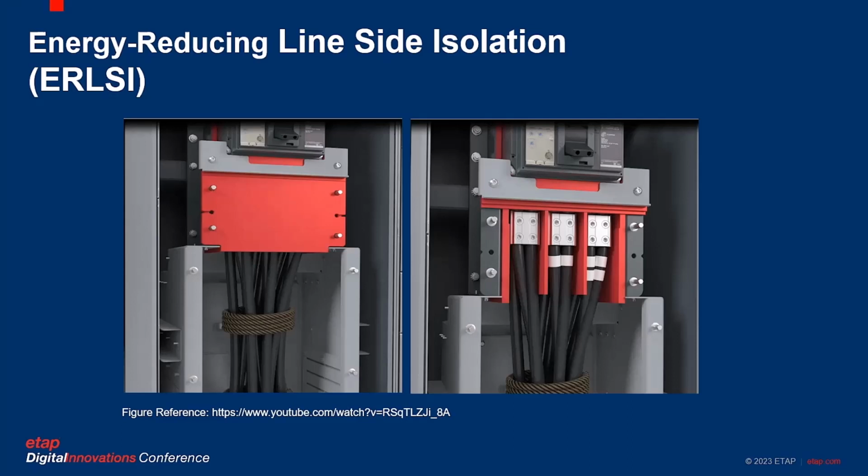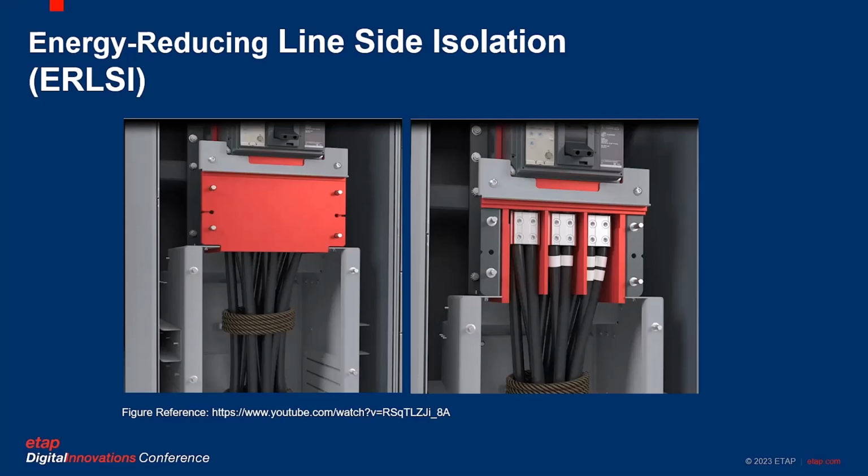Some technologies that fall under the energy reducing line side isolation unfortunately stop at just reducing the likeliness of the arcing event taking place. They don't address the second issue at hand, which is what would happen if the line side event does take place.